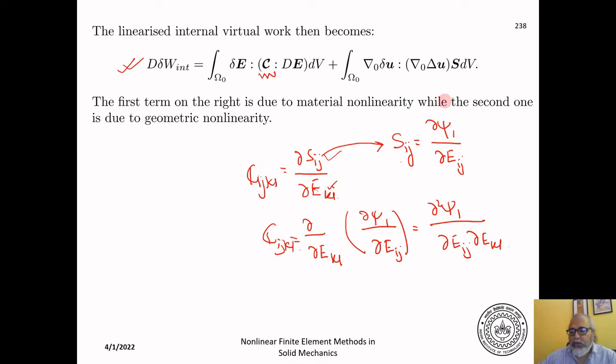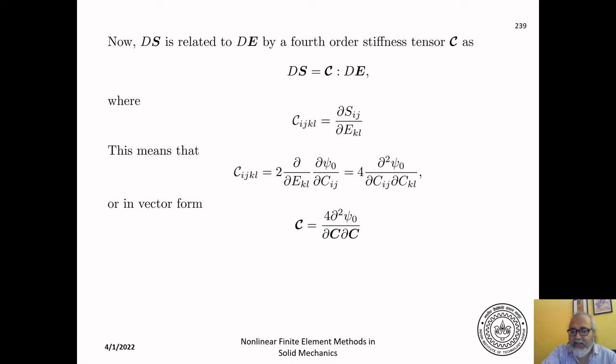So if we know the strain energy density function, then its second derivative with respect to the strain measures of our choice will give you the Cijkl, or the tangent stiffness that we have to use in the Newton-Raphson procedure for this material. Okay, so let's do an easy example, and then we will do a slightly more difficult example.